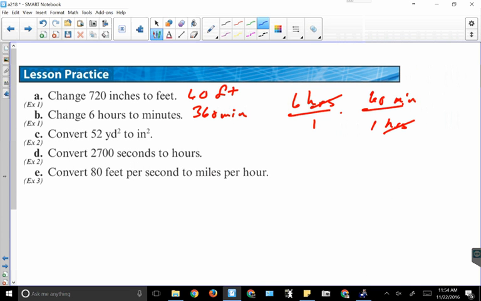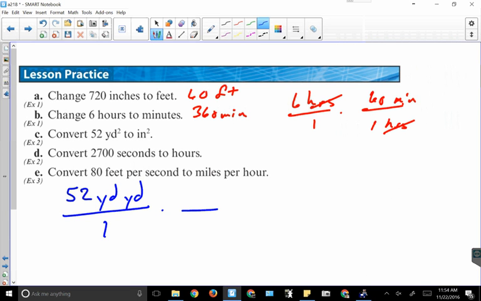Well, what'd you write down? Oh. So what should I write down? Well, do I have to write down 52? I got to put yards down, right? How many of those labels do I need? 2. Yards, yards, put that over 1.